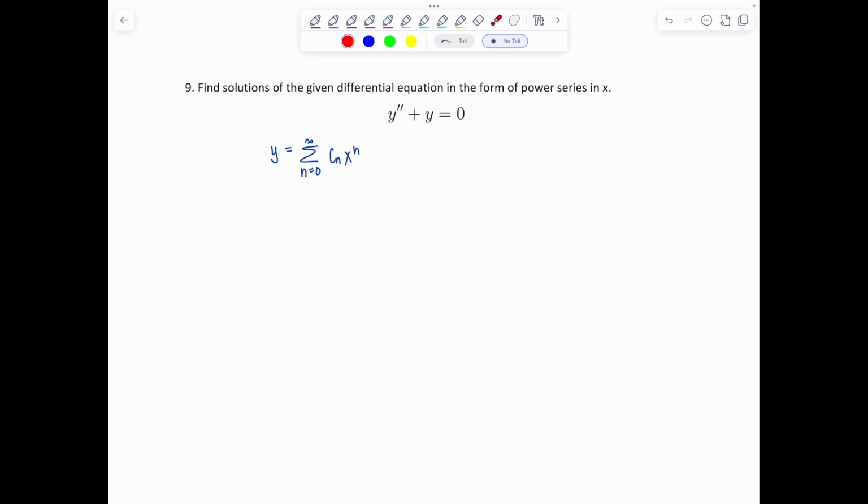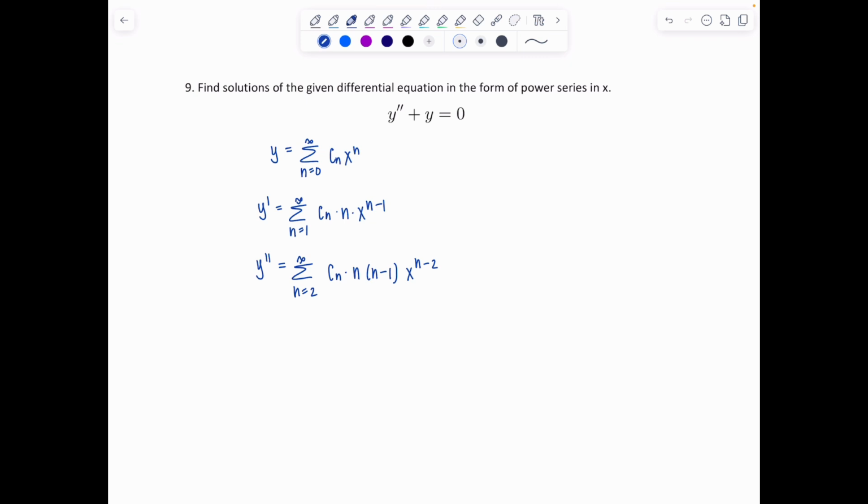Since this is a second order differential equation, I'll differentiate this power series twice. y prime is going to be the sum, don't forget to shift the index up by 1, n equals 1 to infinity, c sub n times n times x to the n minus 1. And then once more, we have the sum n equals 2 to infinity, c sub n times n times n minus 1 times x to the n minus 2.